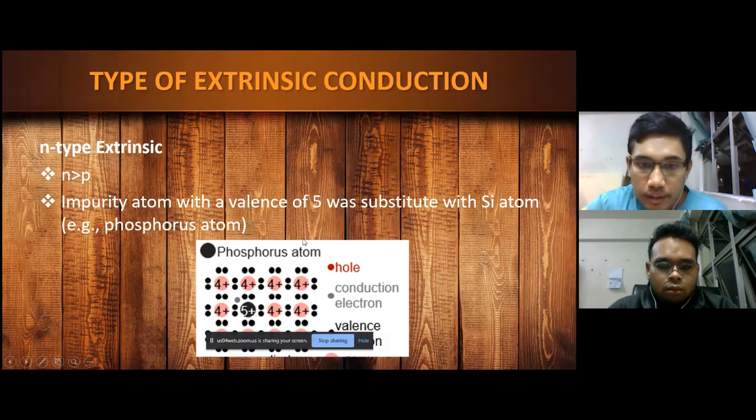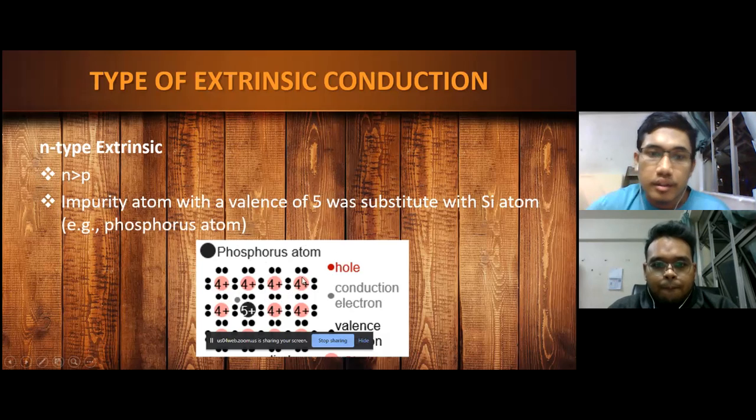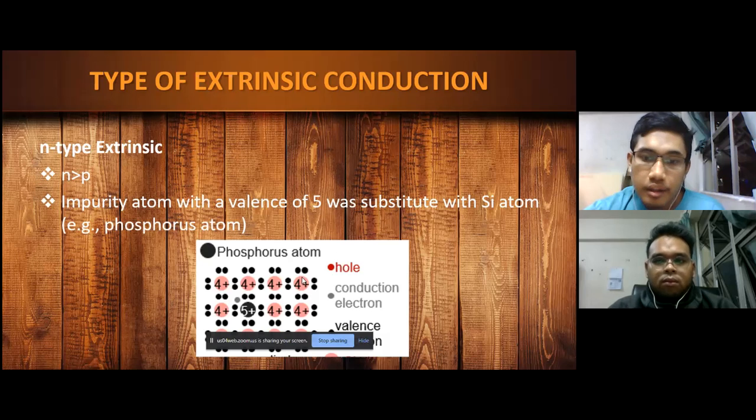Based on the picture, the silicon atom has 4 electrons. So when we substitute the silicon atom with a phosphorus atom, it gets one extra electron, like this here. That's why it has more electrons than holes. For this type, there is no hole because we have an excess electron.